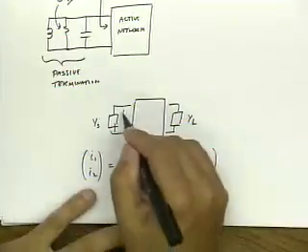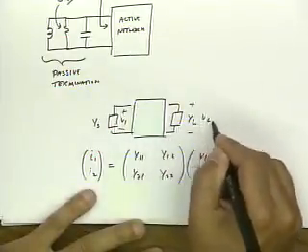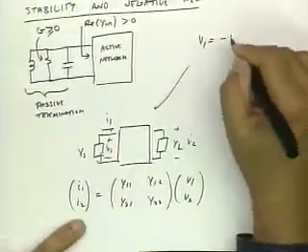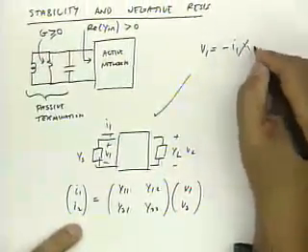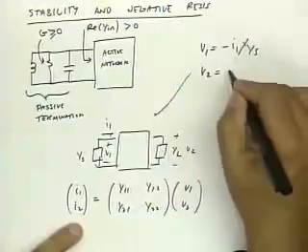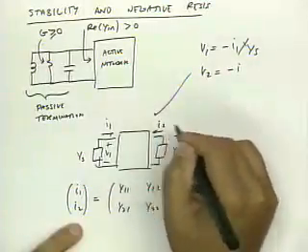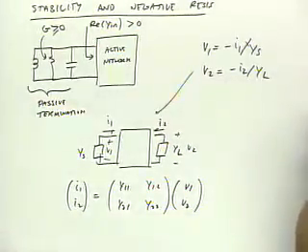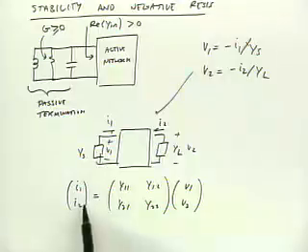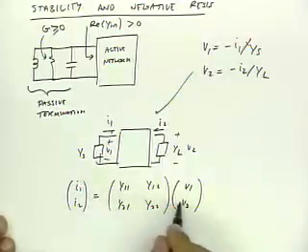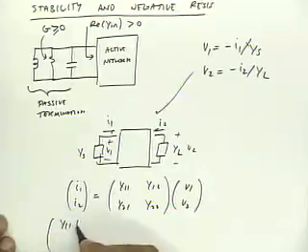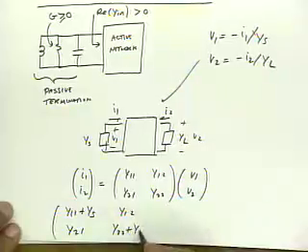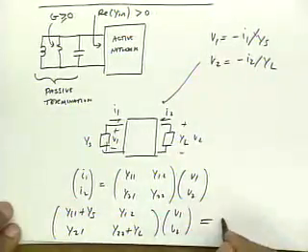In particular, V1 and V2 in this case are just related to the currents. So V1 is minus I1 divided by YS, and V2 is minus I2 divided by YL. So I can substitute for I on the left-hand side, and if I plug this in, I get the following equation: the matrix Y11 plus YS, Y12, Y21, Y22 plus YL, times V1, V2, is equal to 0.